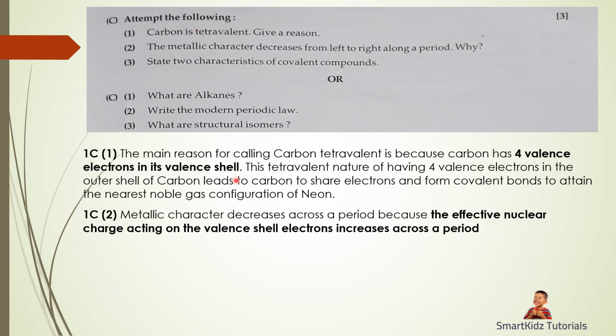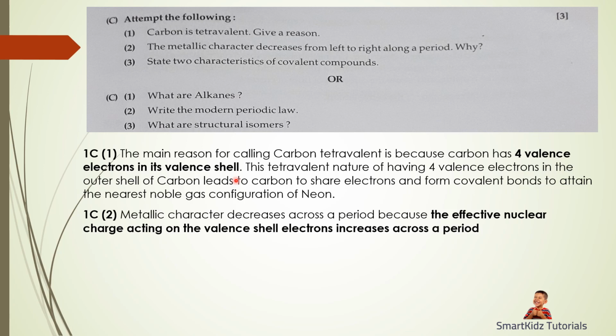Along a period, the number of shells does not increase, which means the electrons, even if they are added, are going to be added to the same shell, and the attractive force of the nucleus will be tight enough to prevent metallic character of a particular element from exhibiting itself.